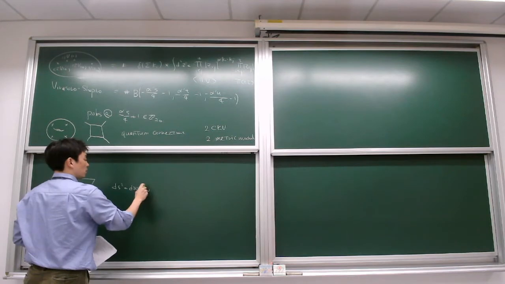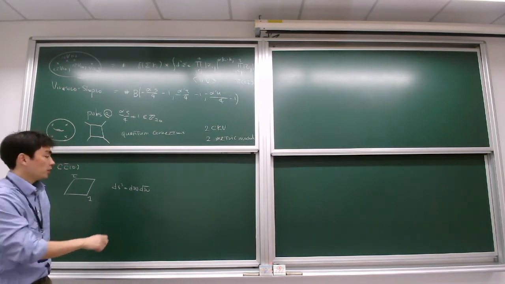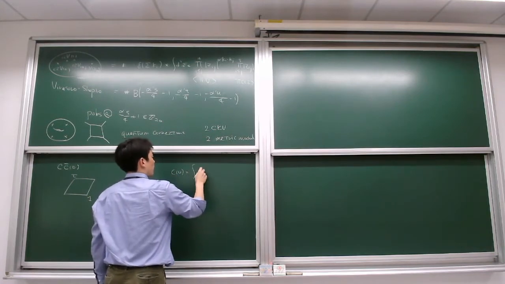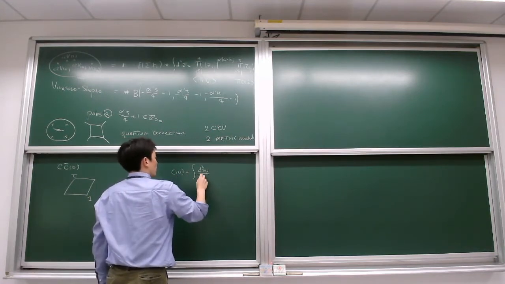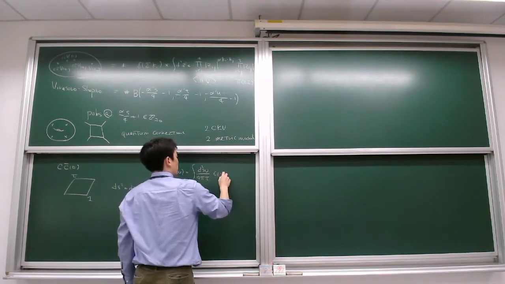We start with this condition. In the torus, it's a flat metric, so it's easy to get the zero mode by just integrating over.